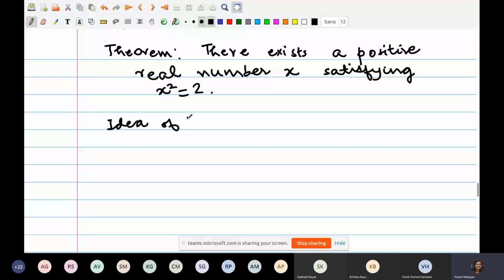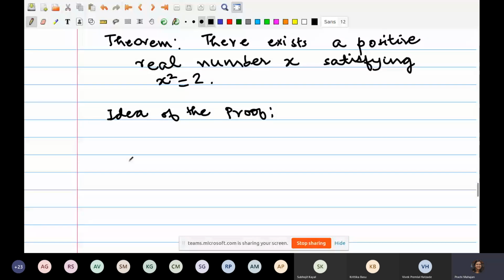What we did was we considered a certain set. We considered all the real numbers which are at least as big as 0 and whose square is strictly less than 2. We showed that this set S is non-empty and bounded above.